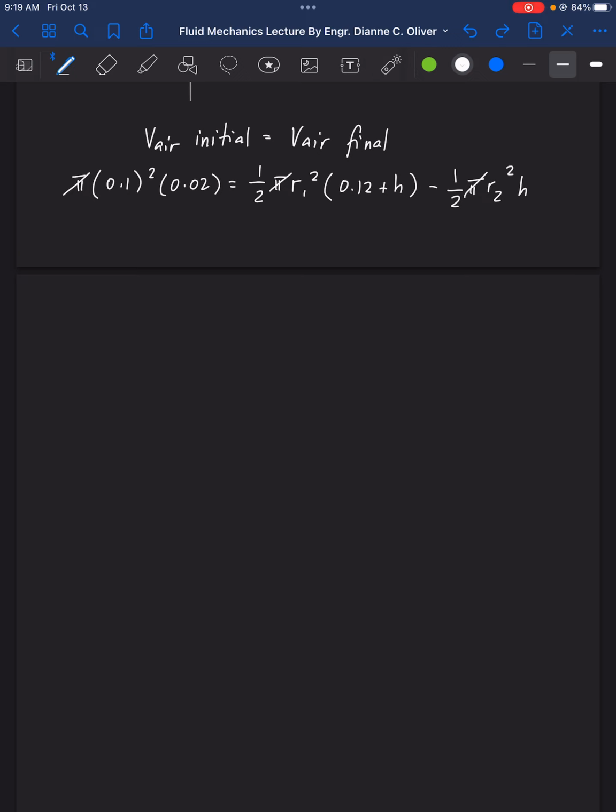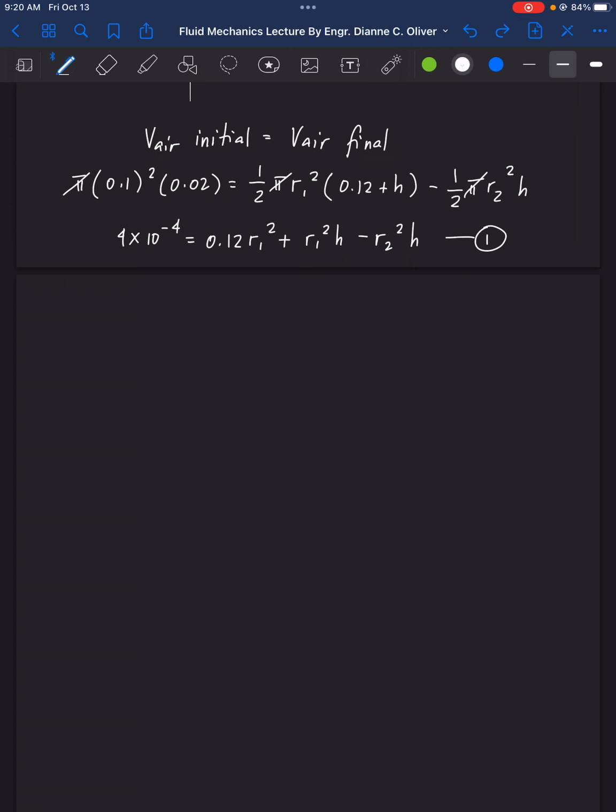That will be 4 times 10 raised to negative 4 equals 0.12 r1 squared plus r1 squared h minus r2 squared h. So this is equation number 1. Here we can see 3 unknowns: r1, h, and r2. So we need to reduce the unknowns as much as possible.